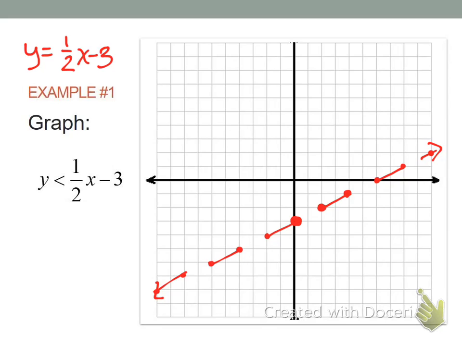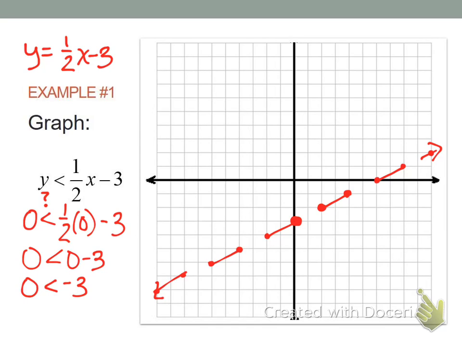So I recommend plugging in 0, 0. That means I plug 0 into y, and I plug 0 into x, and I want to know if this comes out to be a true statement or not. So then I just start simplifying. Leave the left side alone, just simplify the right side. 1/2 times 0. 0 minus 3.